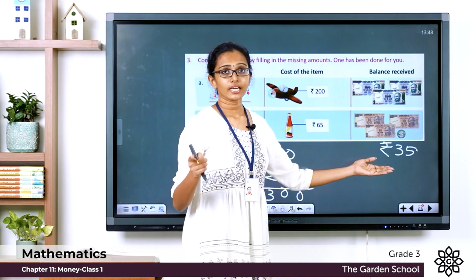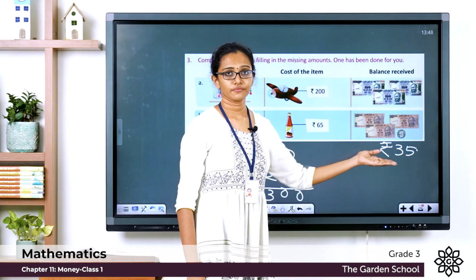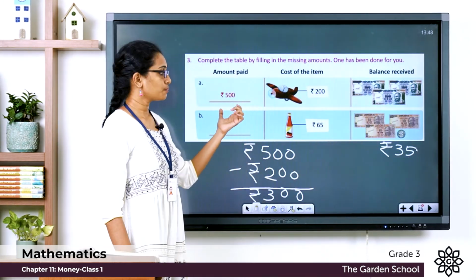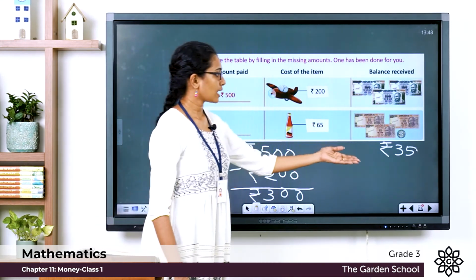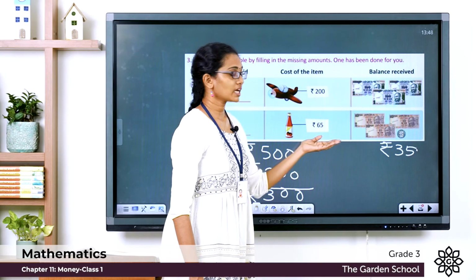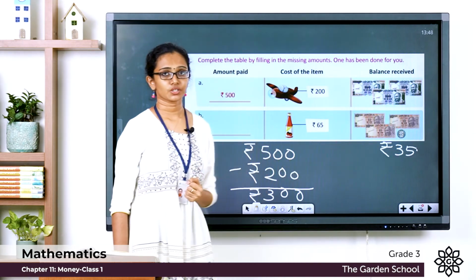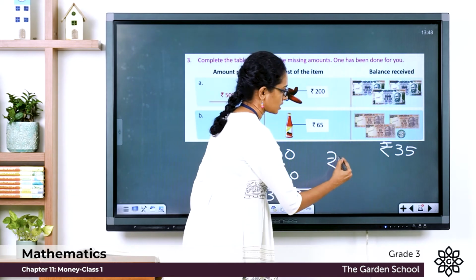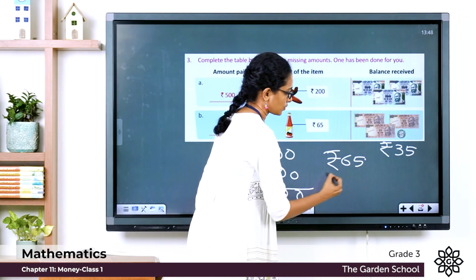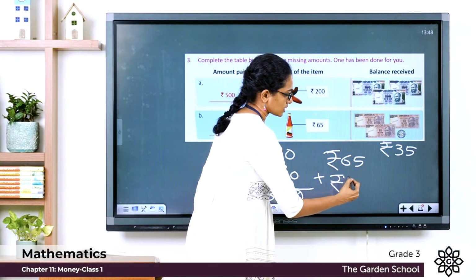See, to get a balance of rupees 35, the amount paid should be more than the cost of the item, right? So the amount paid will be the cost of the item plus the balance received. So what is the amount paid? Rupees 65 plus rupees 35.